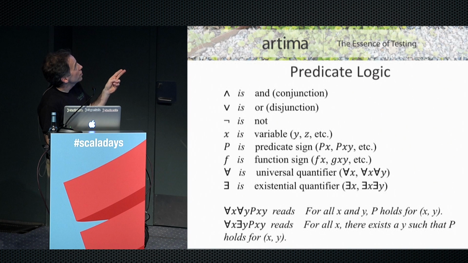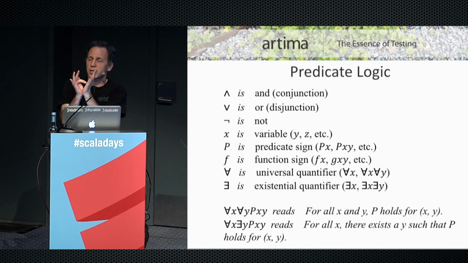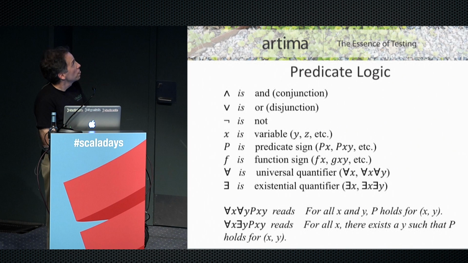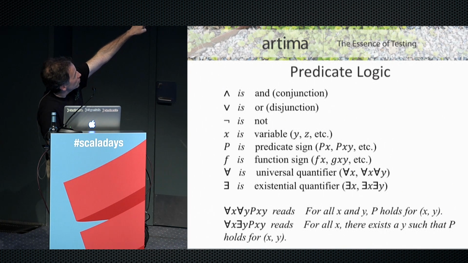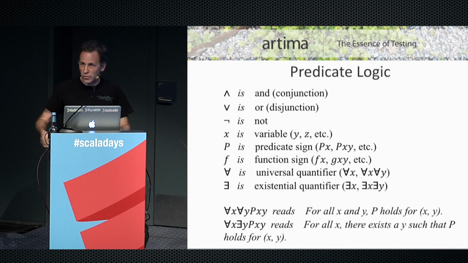And then there's two quantifiers. The universal quantifier means for all. So it's an upside down A. And the existential quantifier means there exists, right? Which is a backwards E. So the mathematicians love to turn letters around and whatnot. So if you say, like this one right here, the second from the bottom, for all x and y, the predicate P will be true for x and y.